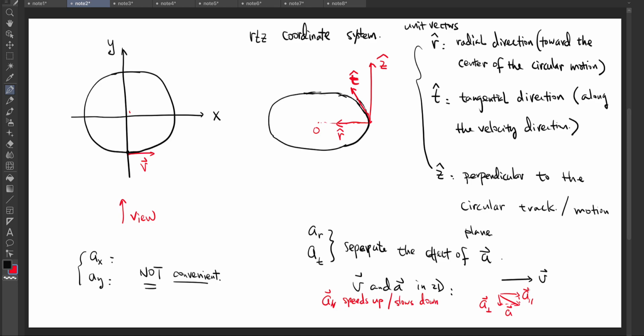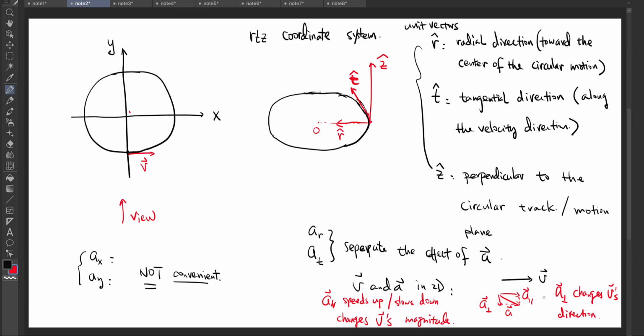Meaning that it changes the magnitude. And the effect of the perpendicular component is to change the velocity's direction.